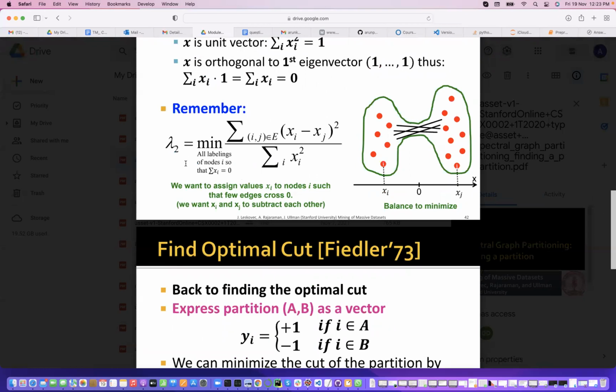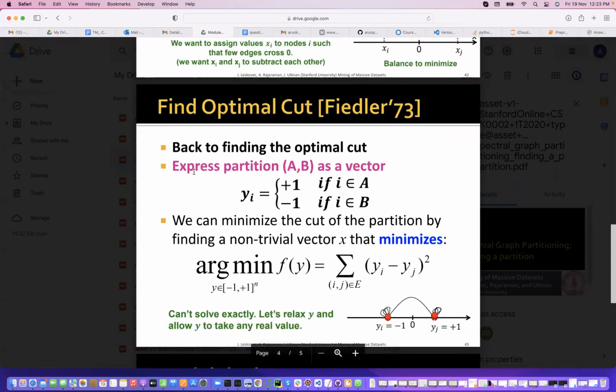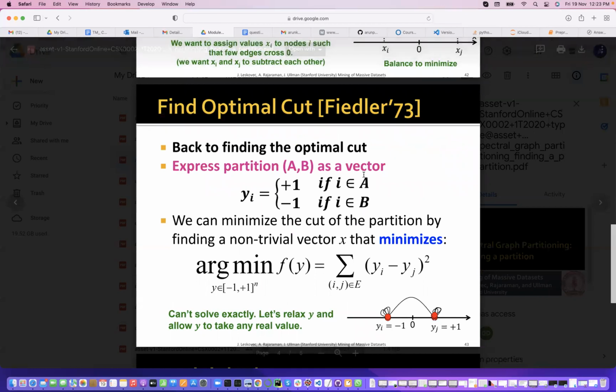That minimum value is called lambda 2. Then you will get Ax equal to lambda x, right? Then you are assigning some values for each node. So back to finding the optimal cut, express partition AB as a vector. Then we will show how we use that.